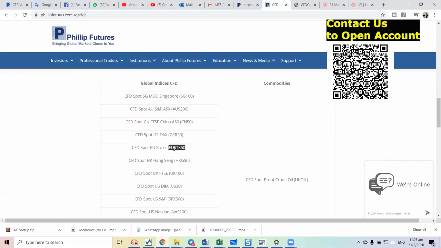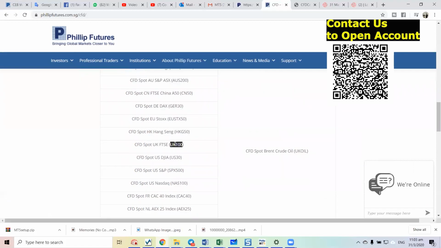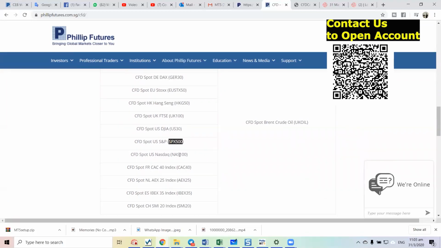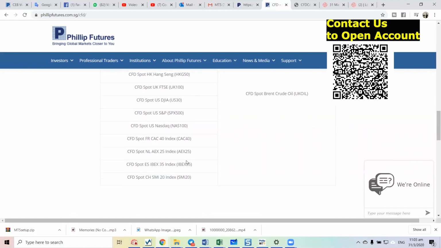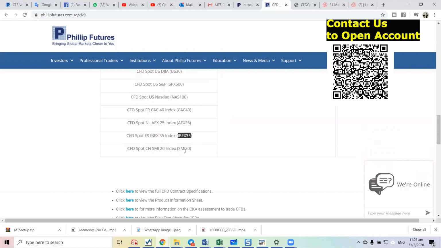Euro index, Hang Seng index, UK 100, Dow Jones 30, S&P 500, Nasdaq. And CAC is the France index, and this is the Netherlands index, and this is the Spain index.